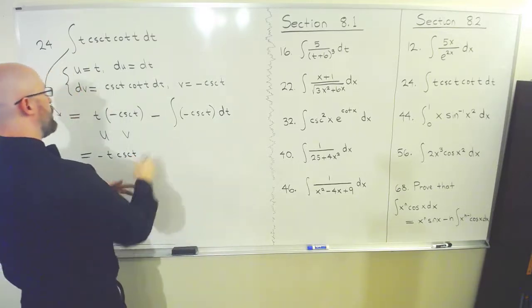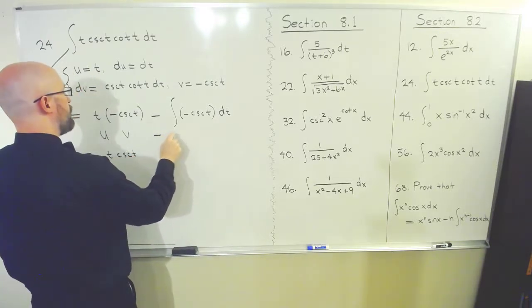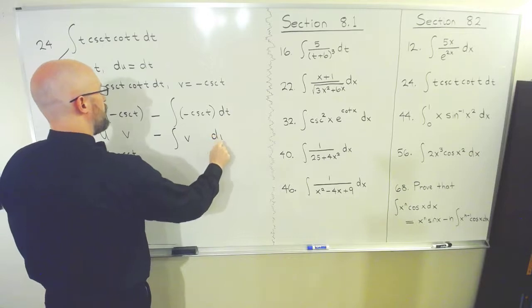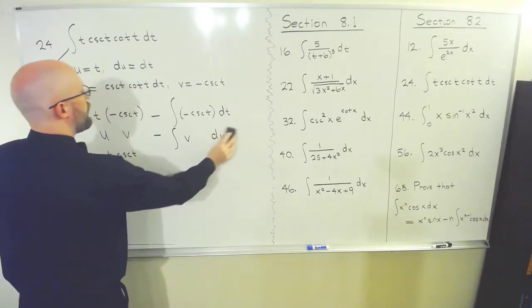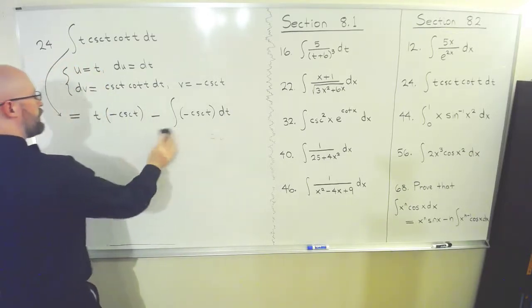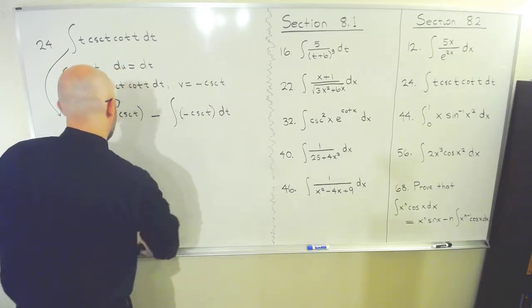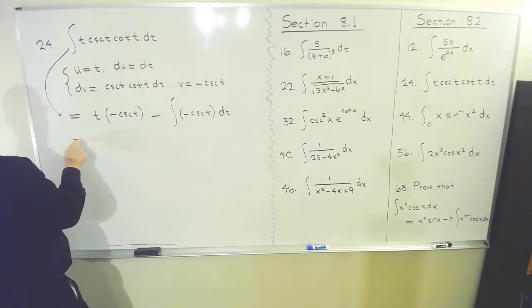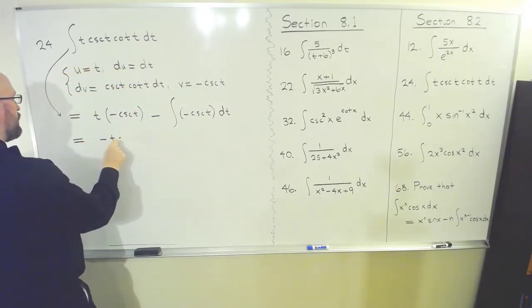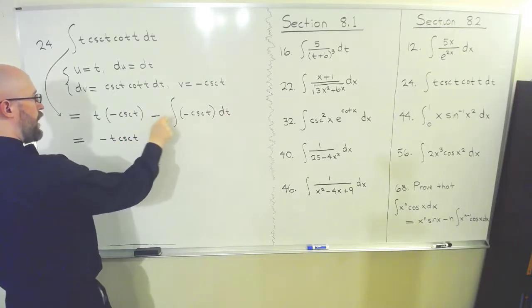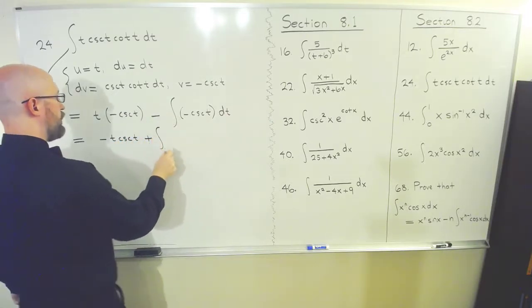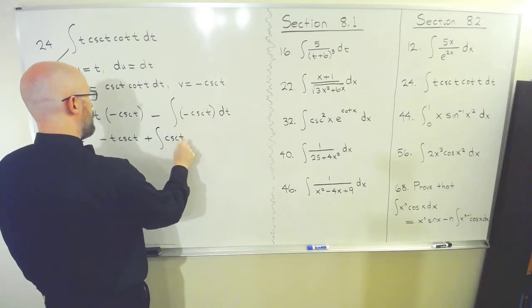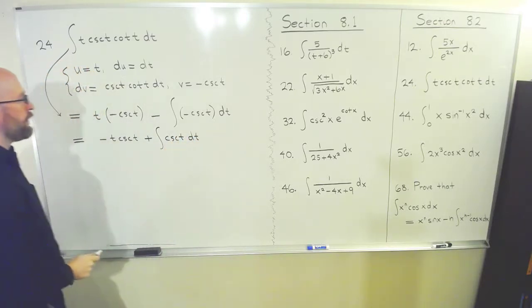Let me first point out to you that this was minus integral of v du. That's the whole point. But I'm going to take out this little bit of commentary here because I don't need it there. So this I'm just going to write as minus t cosecant t minus a minus, so this will be plus integral of cosecant t dt.